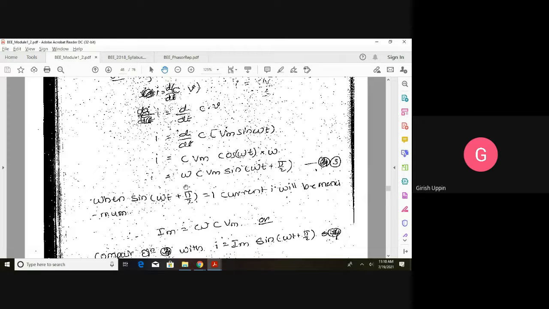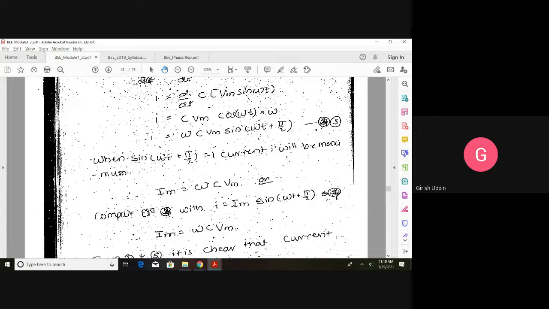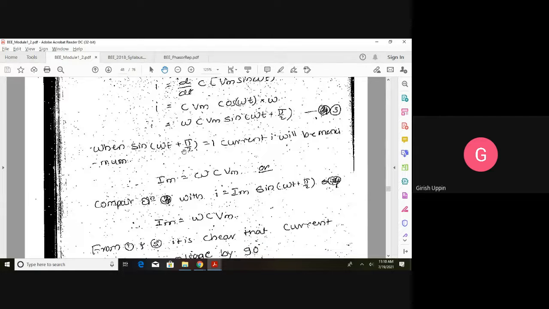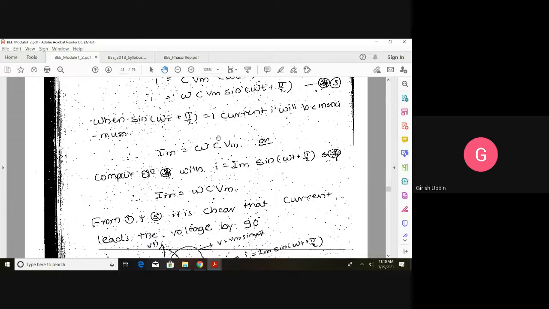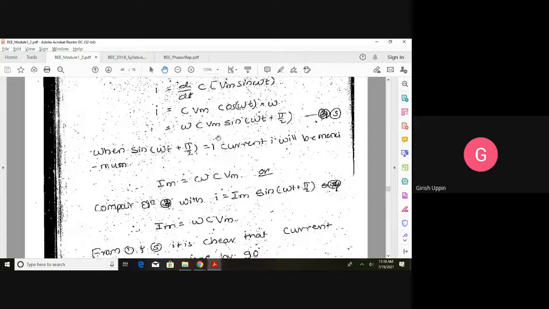Therefore i = ωC Vm, which is nothing but Im sin(ωt + π/2). When sin(ωt + π/2) equals 1, that will be the maximum value of the current. Therefore Im = ωC Vm. So the current equation is i = ωC Vm sin(ωt + π/2).